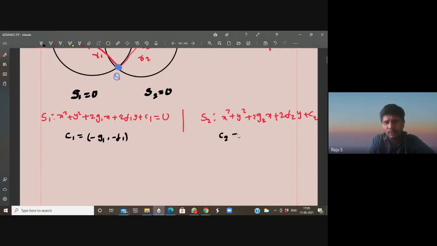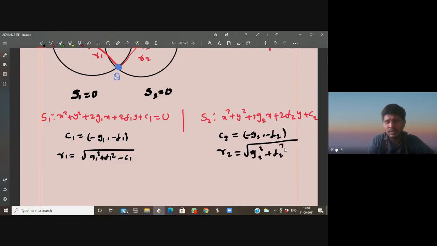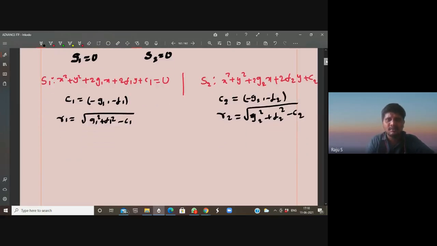Here C2 is minus g2 comma minus f2. Then R1 is root over g1 square plus f1 square minus c1. Here R2, the radius of the second circle, is the square root of g2 square plus f2 square minus c2. Am I right? We got the centers and radii.